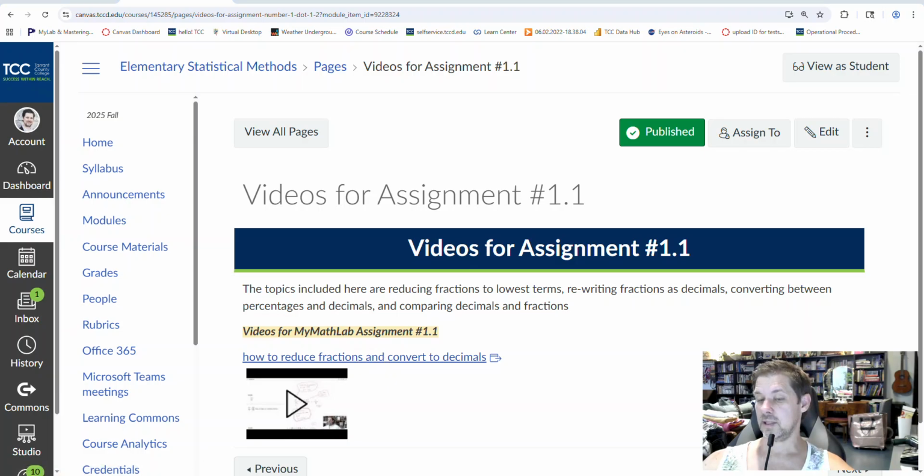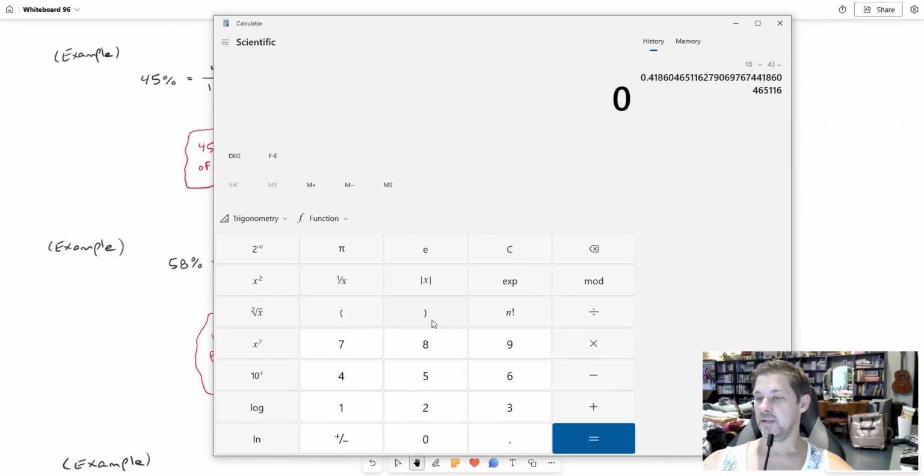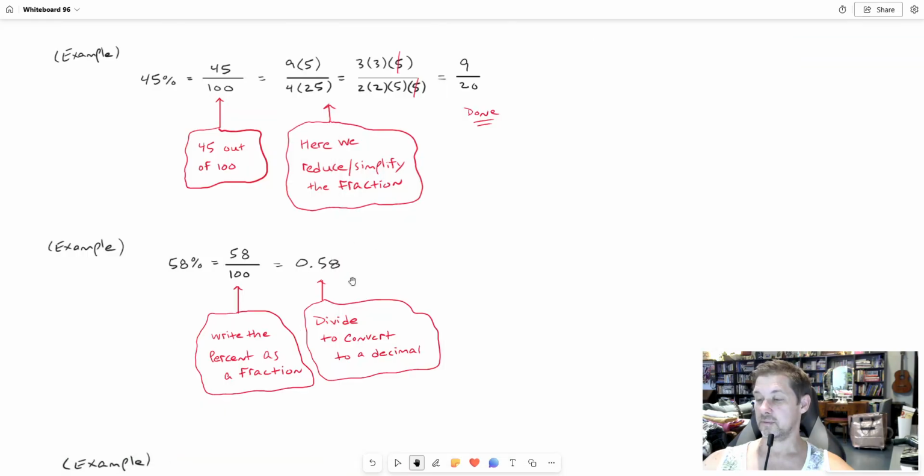But what it says is that to convert a fraction to a decimal, we just divide. We take 58 and divide it by 100. I have my calculator on my computer right here, and I can take 58 and divide by 100. See what I get? It's 0.58. That's the decimal we're looking for.